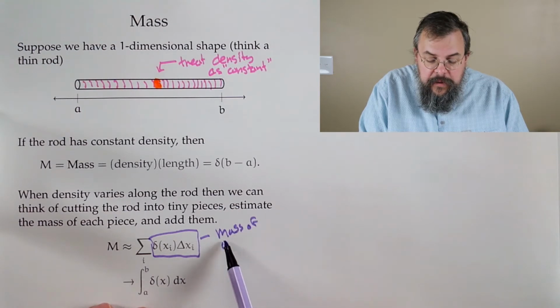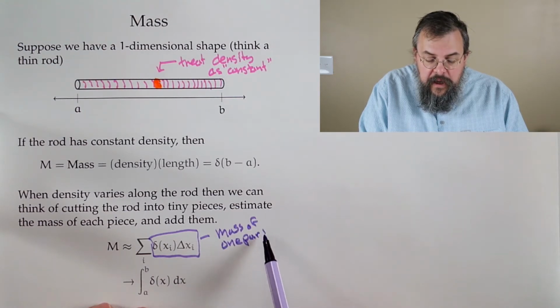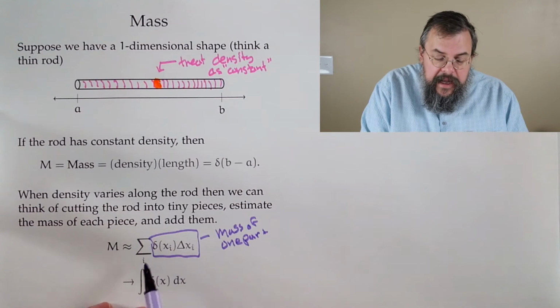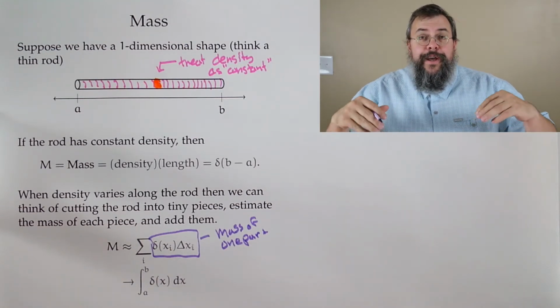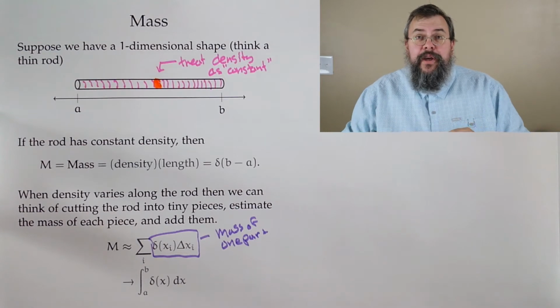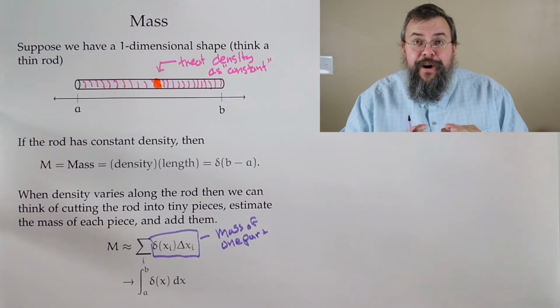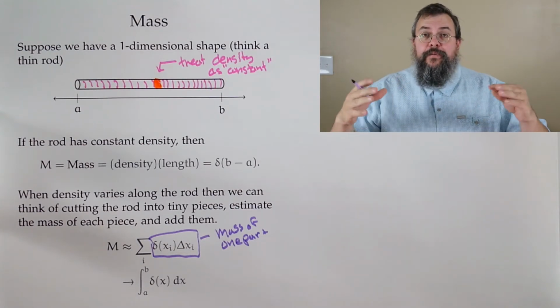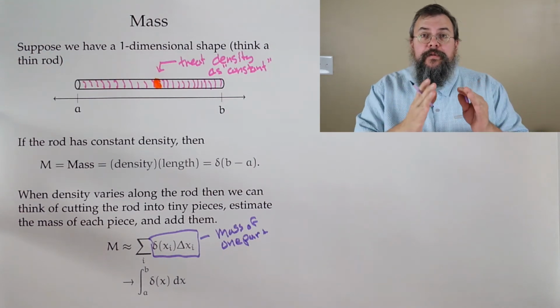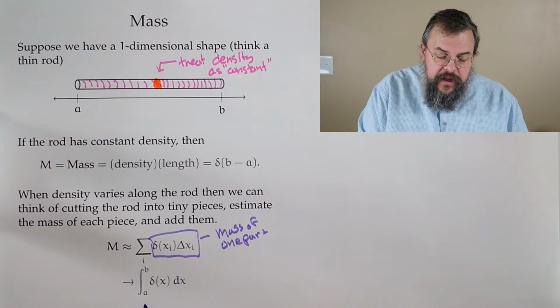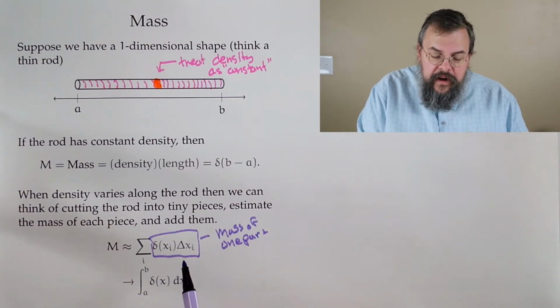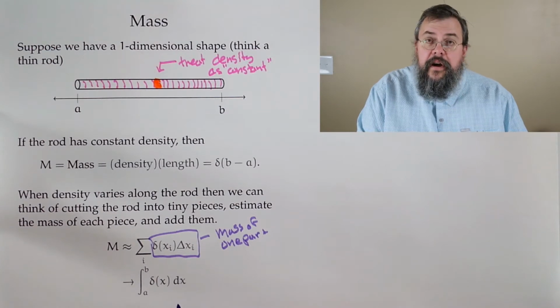Then you say, I have the mass of one part, add them up. That's what our sum means. And of course we get better and better approximations if we make things smaller and smaller. As we increase the number of ways we chop things up, our sum becomes an integral, start to finish. Our density becomes a density function, and our delta x_i becomes a length element.